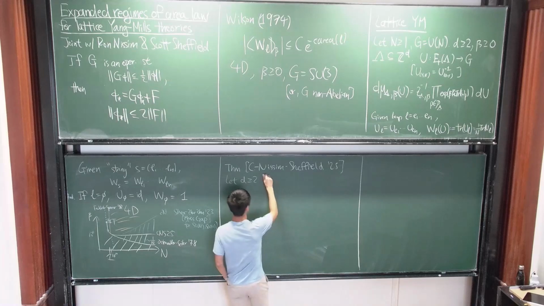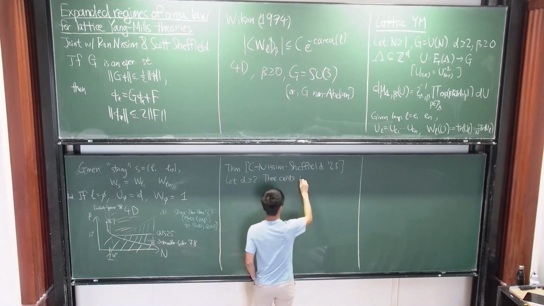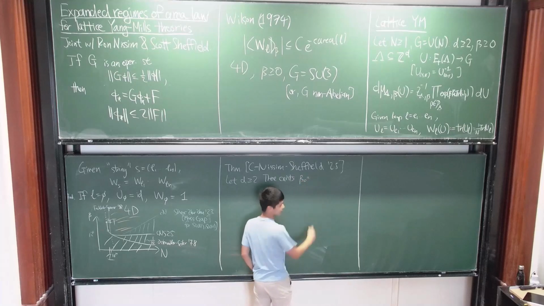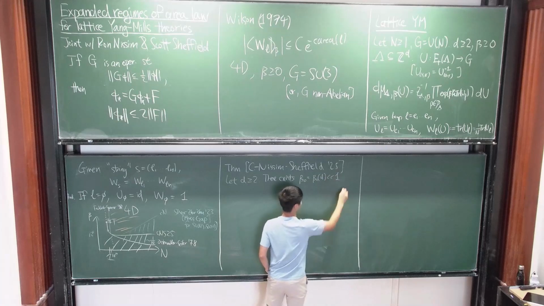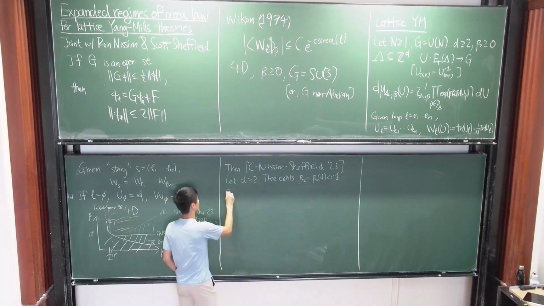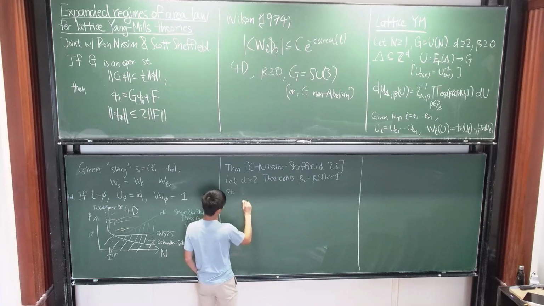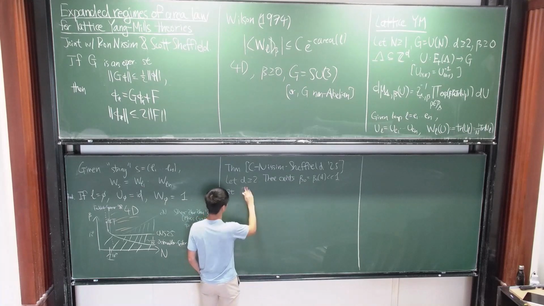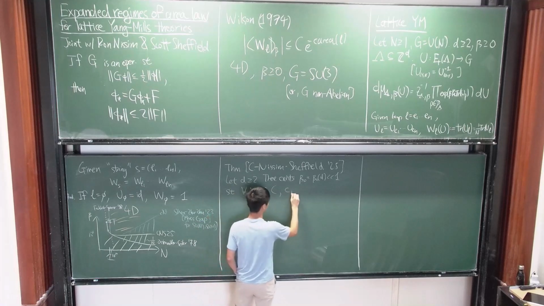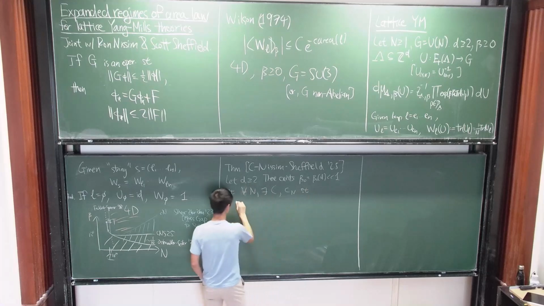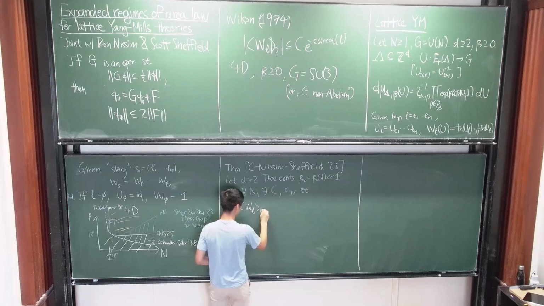So there exists some small enough constant, theta 0, which in principle depends on the dimension, such that for all N, there exist constants c and C_N such that the above estimate holds for all rectangular loops.